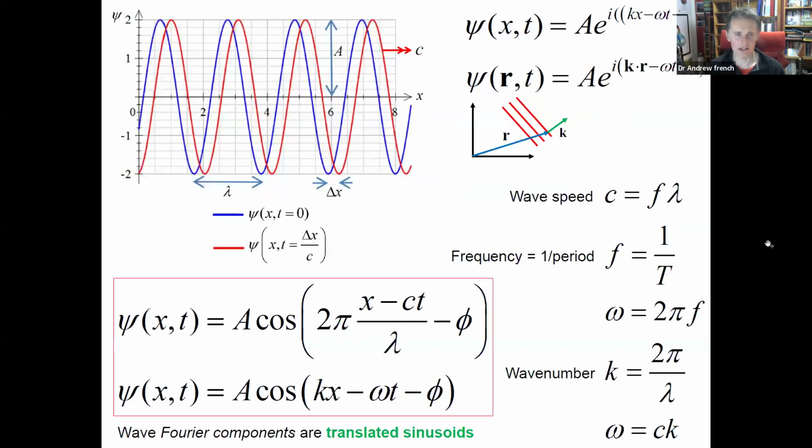We're going to start off with the anatomy of waves. Here's a wave, starting off with a cosine wave. Let's say the blue one is where we start at time 0, and the red one is the same wave a bit later in time.